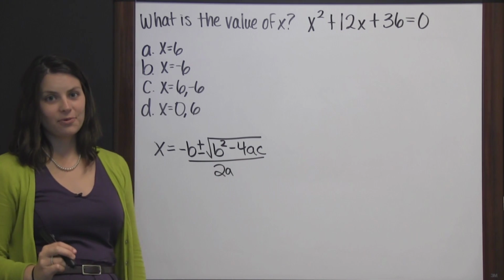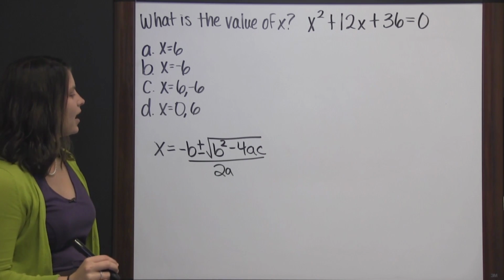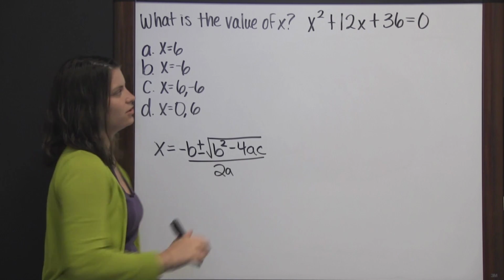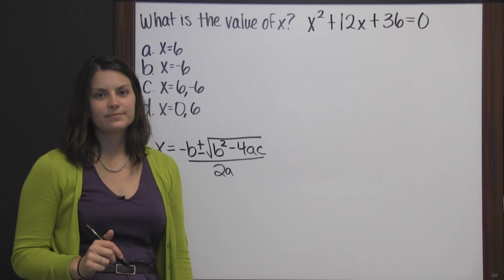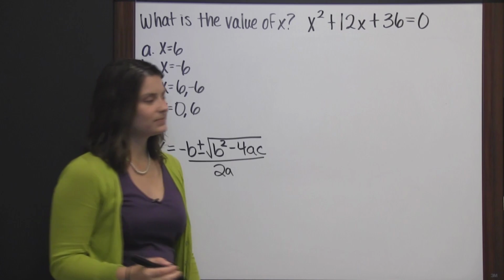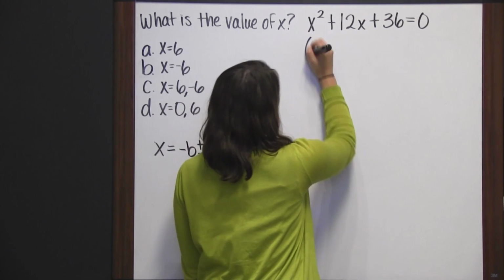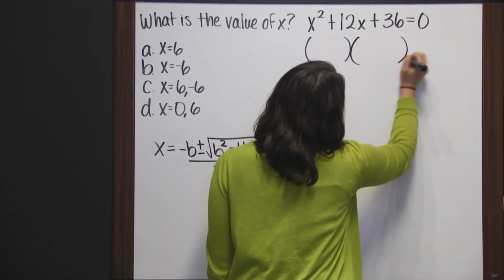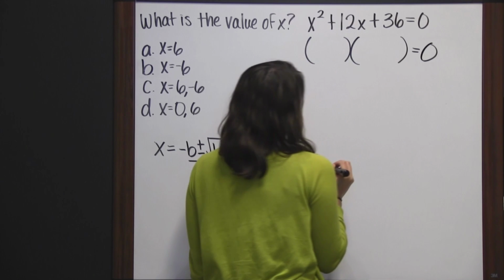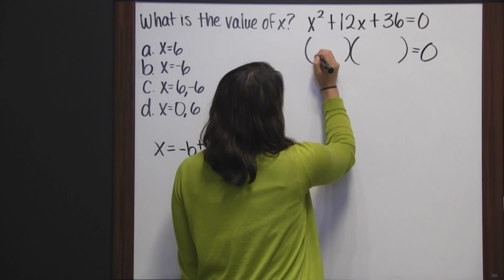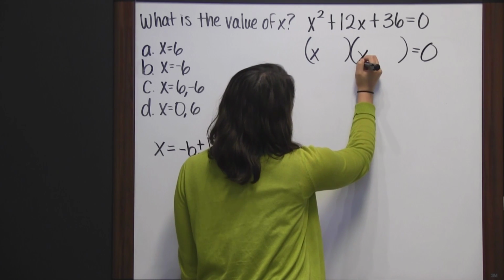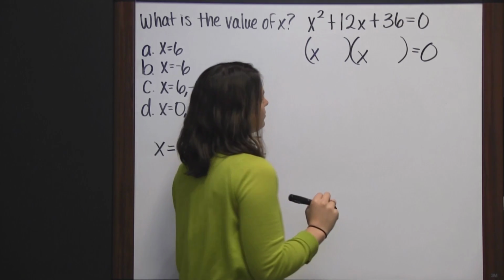But there is another way to solve this that may even be a little bit easier than using the quadratic equation, and that is to factor. So I'm going to factor this trinomial into a binomial times a binomial. I know that x times x is x squared.